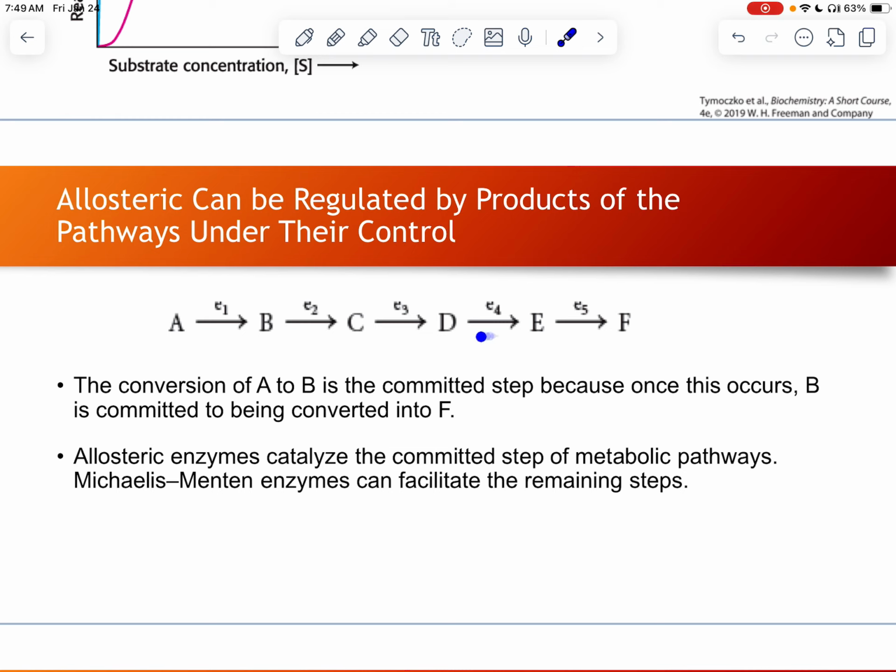And maybe these other ones are all Michaelis-Menten enzymes, but that allosteric enzyme, because they're a secondary pathway to controlling it, can help us determine, hey, do we want this reaction to happen a lot right now in our bodies? Do we want it to happen just a little bit? So it provides more regulatory control.